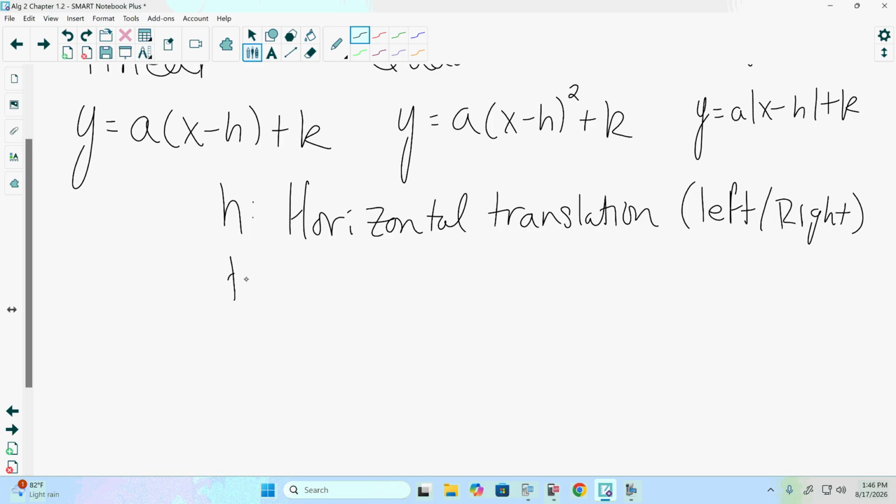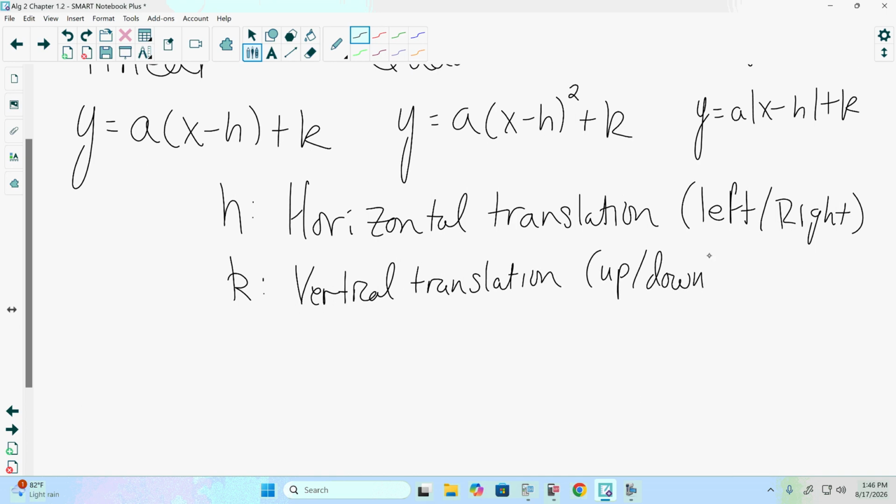K, vertical. Is moving it up and down. If we have a value for H, it's telling us how far we're moving to the left or to the right. If we have a value for K, it's telling us how far we move up or down.